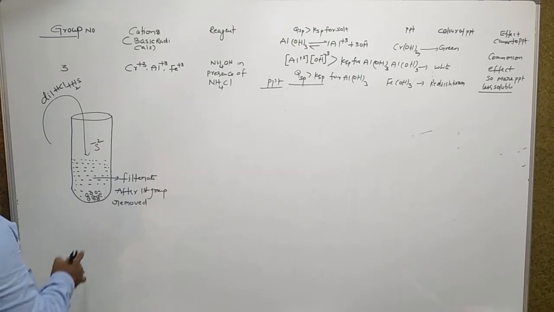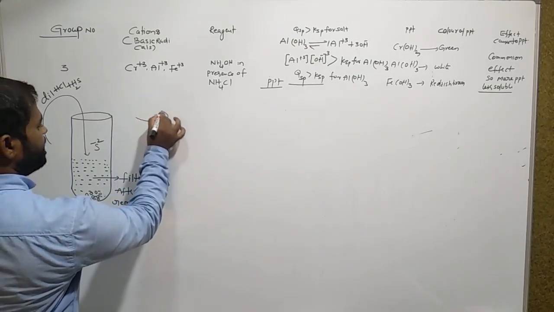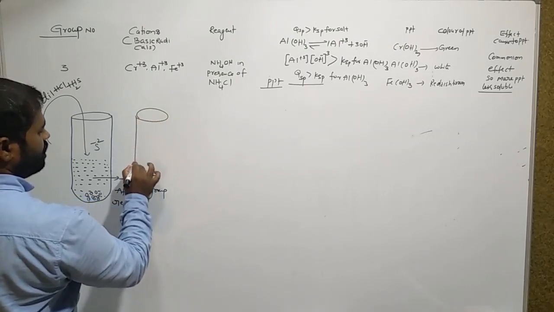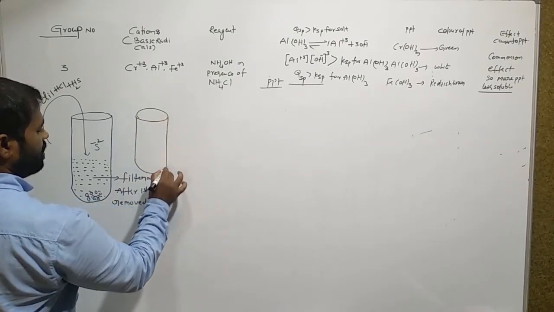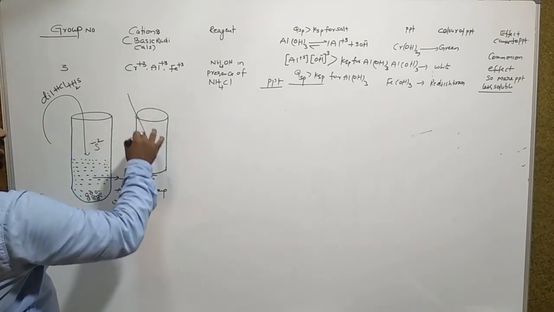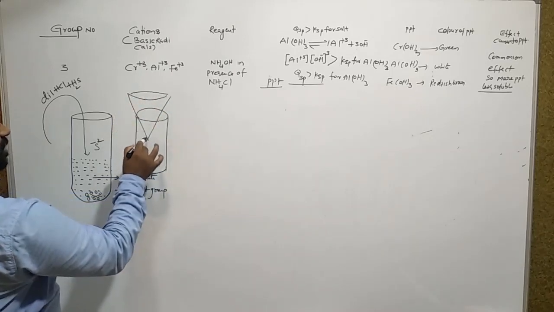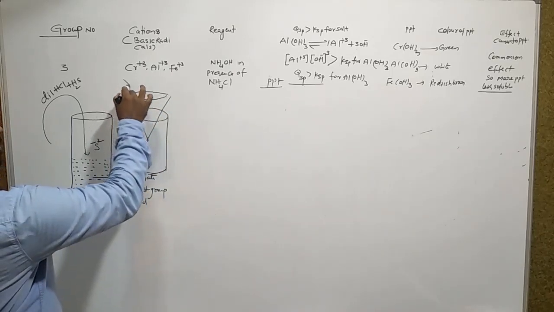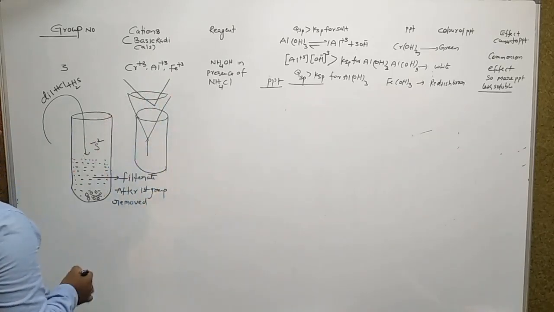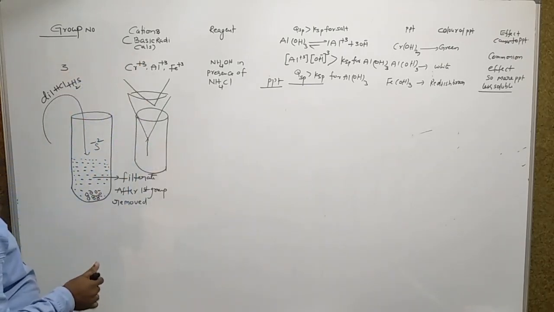Okay. Now this precipitate can be separated by using another test tube, by using a funnel. Keep the filter paper here. Now this entire mixture is poured into another test tube.